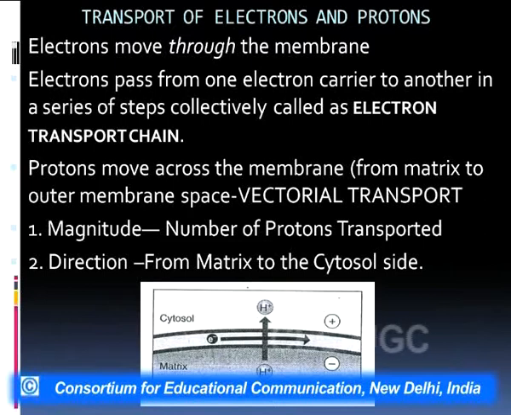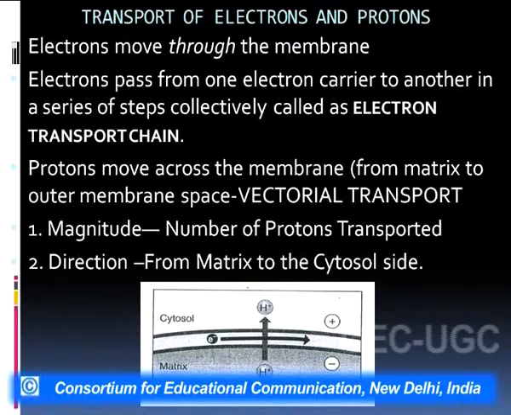Because our idea of transport is that it should take place across a membrane, but we find that the electrons actually move through the membrane. They pass from one electron carrier to the other in a series of steps. We will discuss why a series of steps, why they can't simply jump one step and be through with it. So, they have to necessarily pass through an electron transport chain, whereas the protons move across the membrane.